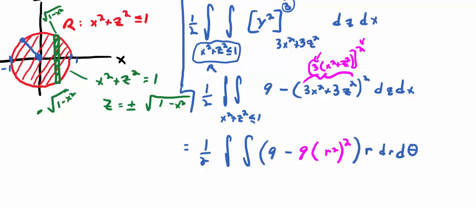What does r range from? r ranges from 0 to just 1, right? And then theta, since we're integrating over the whole disk, you think angularly, theta goes from 0 all the way around, right? 0 to 2 pi. Well, that's not near as bad as it could have been, right? Okay, let's clean it up.